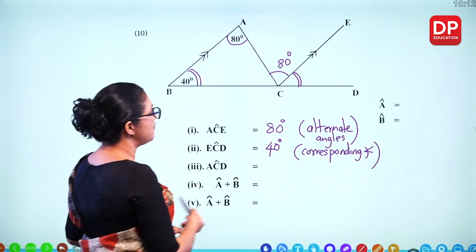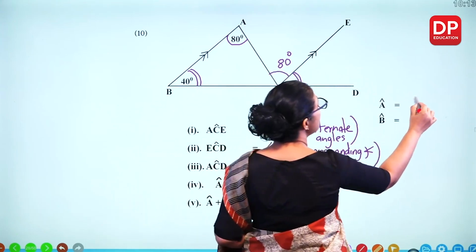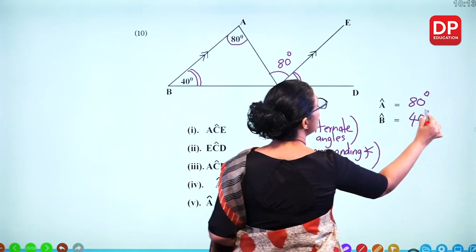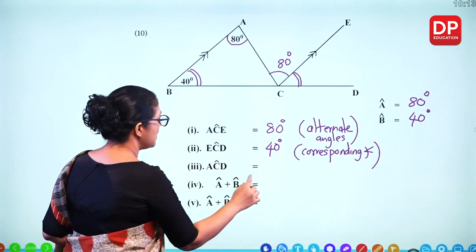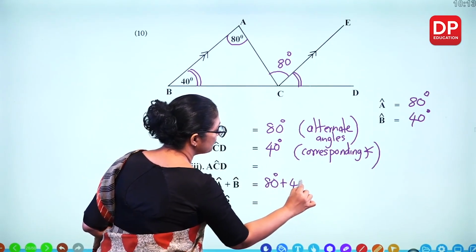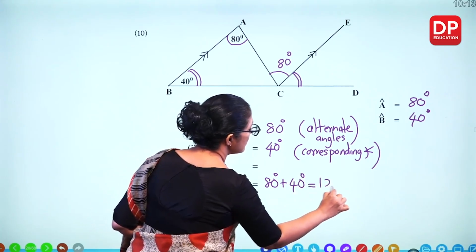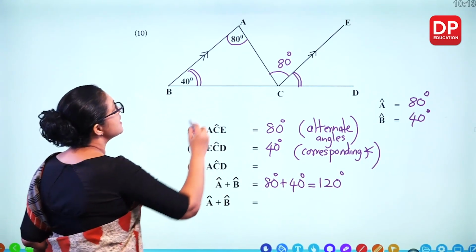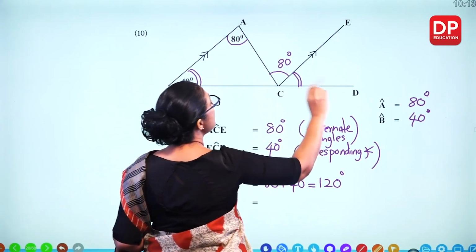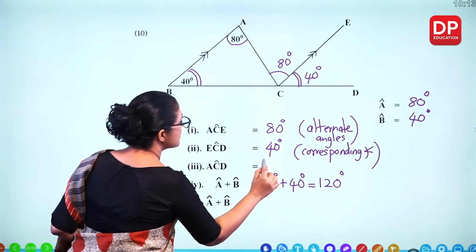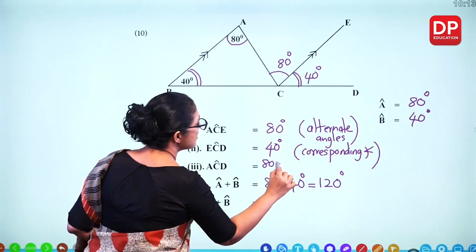Now A plus B: A is 80 and B is 40. So when you add these two, what do you get? 80 plus 40, 120 degrees. So what is ACD? ACD is the total of these two, that's 80 plus 40.